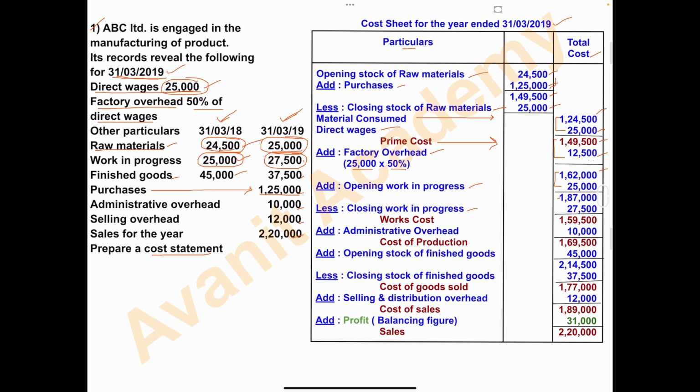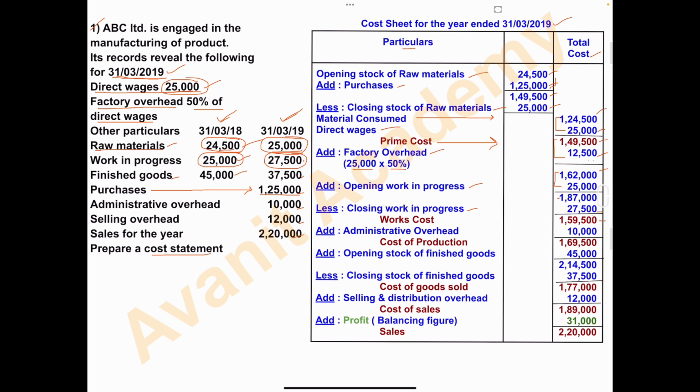Minus that amount from this 1,87,000. Less closing work in progress amount 27,500 from 1,87,000, and you will get the amount 1,59,500.